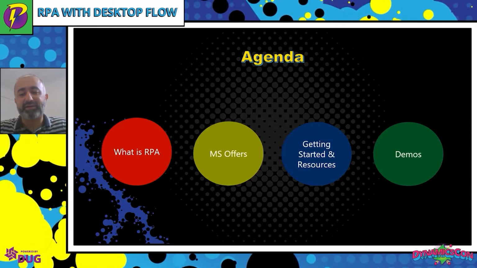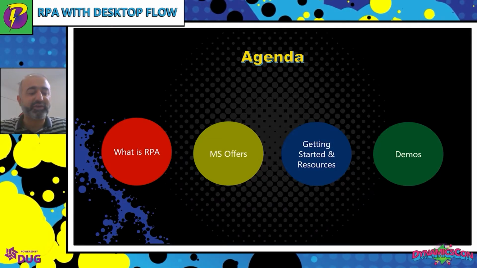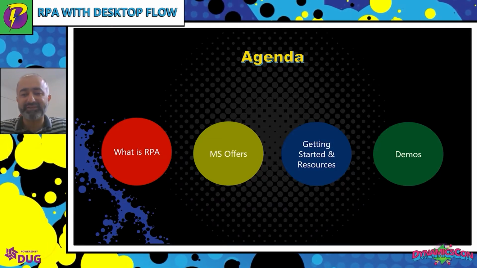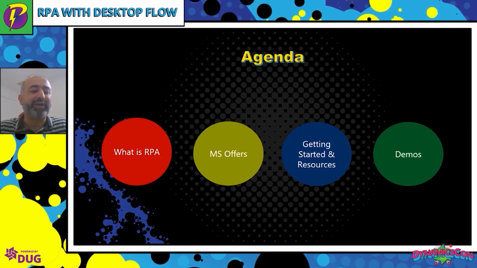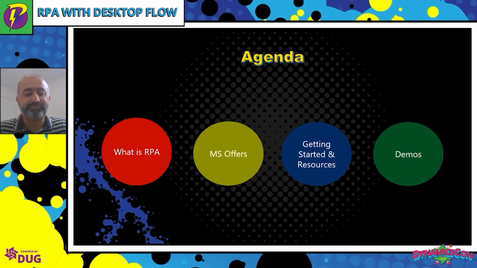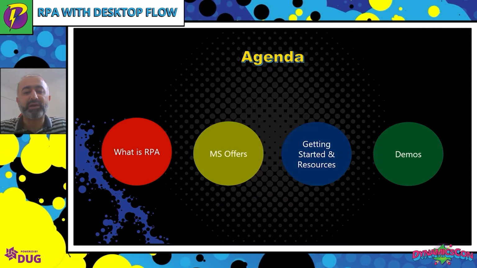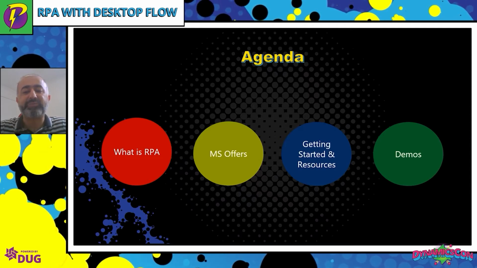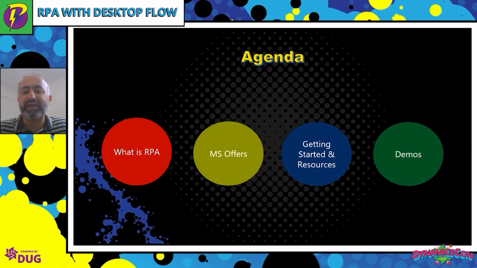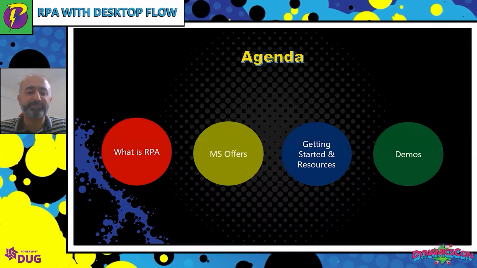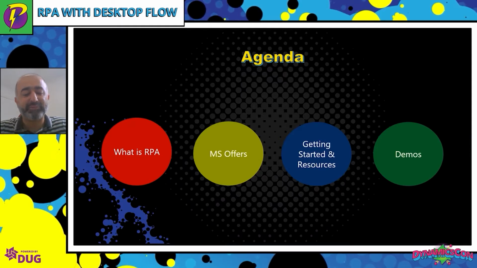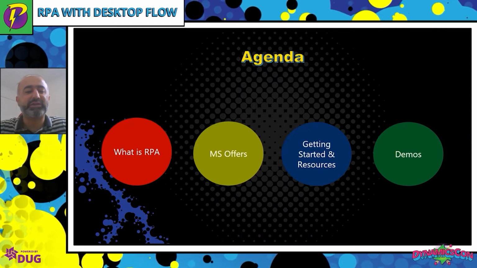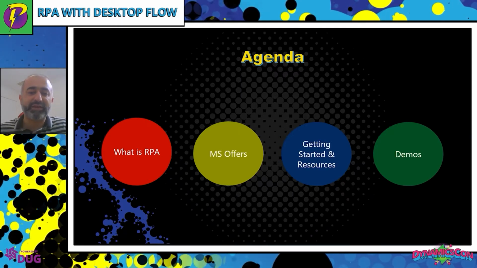In the second part, there will be some discussion around what services or products Microsoft offers to provide RPA-based solutions. As a third part, there will be a demonstration of some bots in Power Automate Desktop, and of course, in the last there will be demos, and that will be the area where I will be spending most of my time.